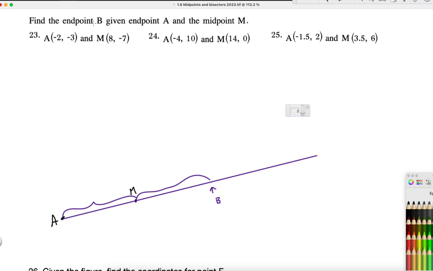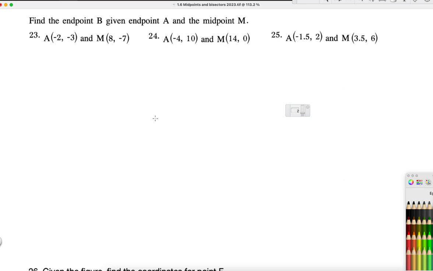So in this problem, I'm giving you point A, and I'm giving you where the midpoint is, and you have to find where the other endpoint is, B. Okay? So there's a couple ways of doing this. So I'm going to show you an algebraic way first.